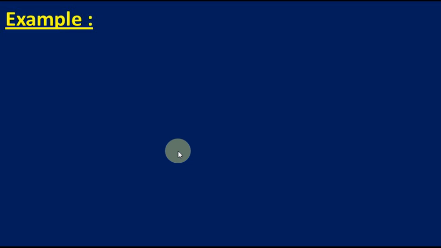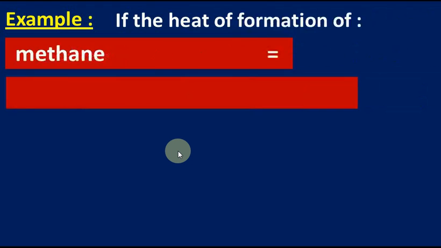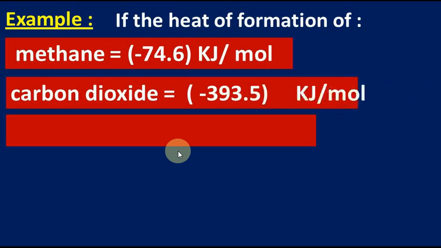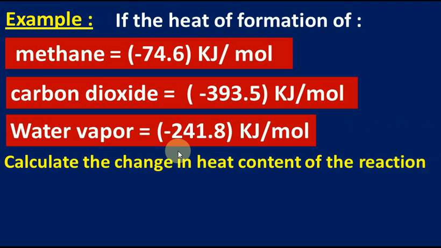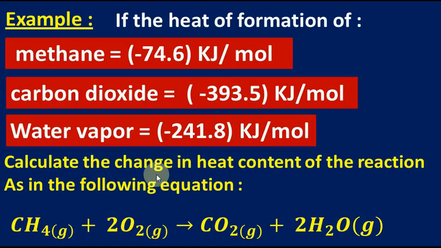Example. If the heats of formation of methane, carbon dioxide, and water vapor are given, calculate the change in heat content of the reaction, delta H. He wants delta H for the following equation, the combustion of methane: CH4 plus O2 gives CO2 plus water vapor.